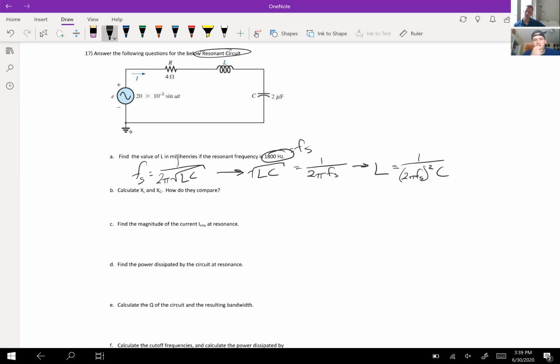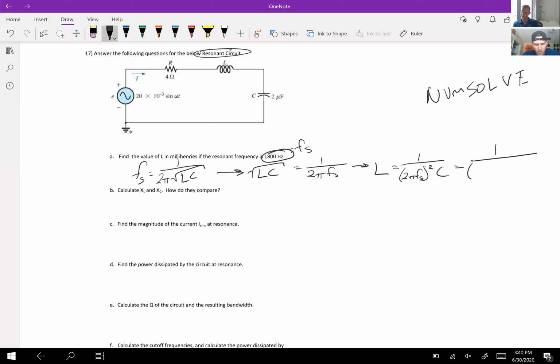You could also do this one with numsolve on a calculator, where you just leave the L blank. It's not blank, but you call it X. Leave that as the X in numsolve, which is second solve on the calculator here, and plug in everything else, and it would also do it. It takes a little while.